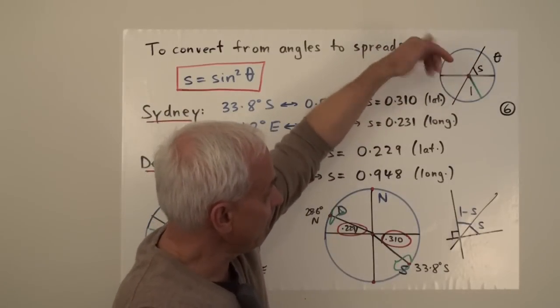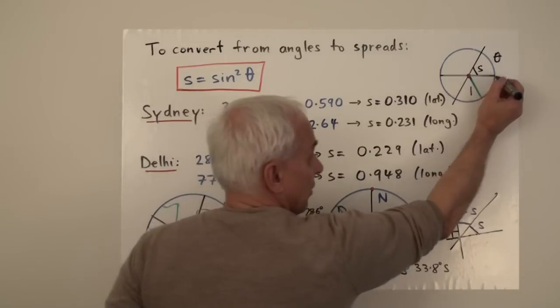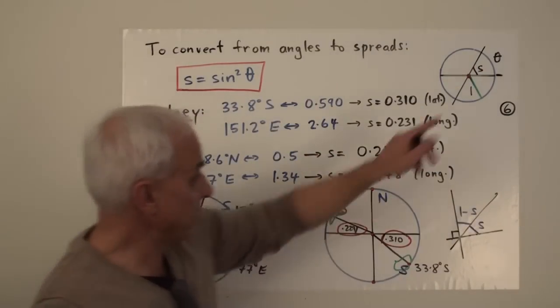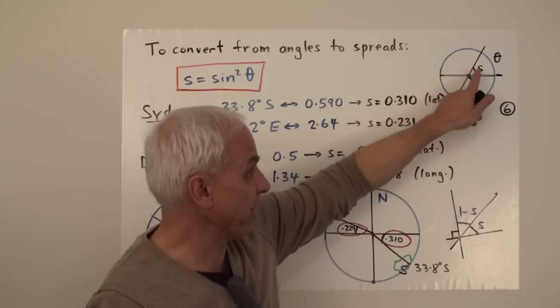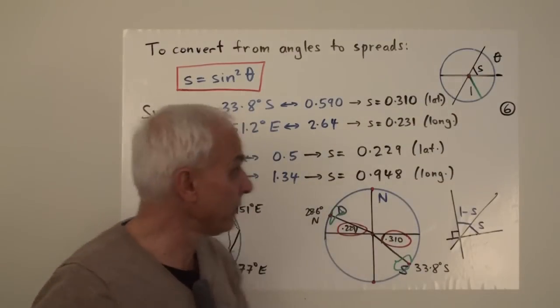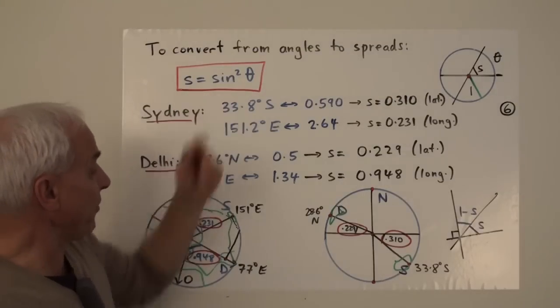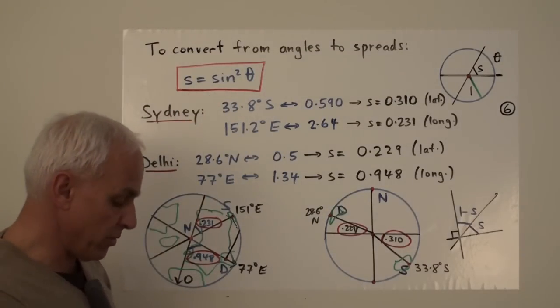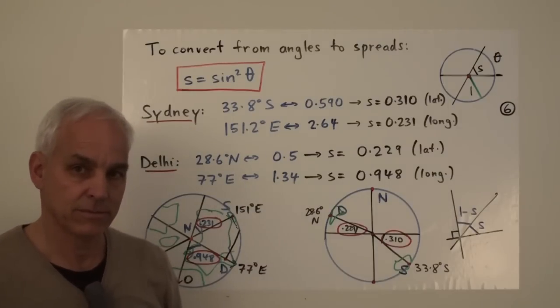Here's a unit circle. Here's a traditional angle from here to here, say theta. Then that angle corresponds to a corresponding spread, S. And how do you get S from theta? Well, here's a connection: S is equal to sine squared theta.